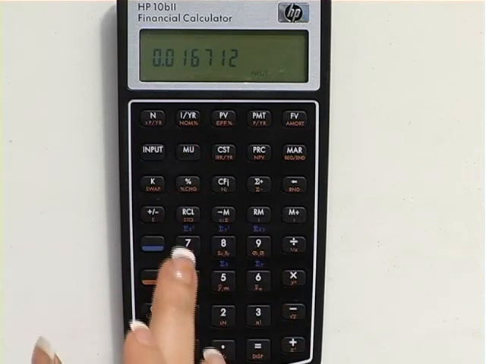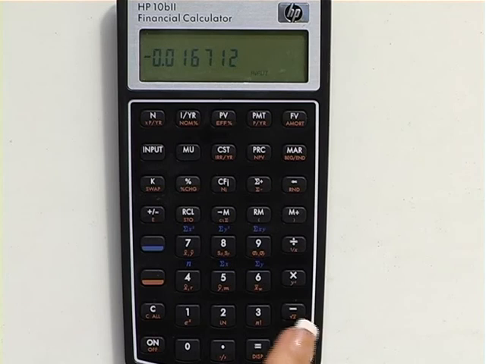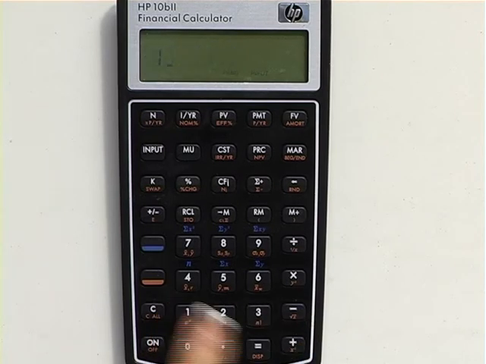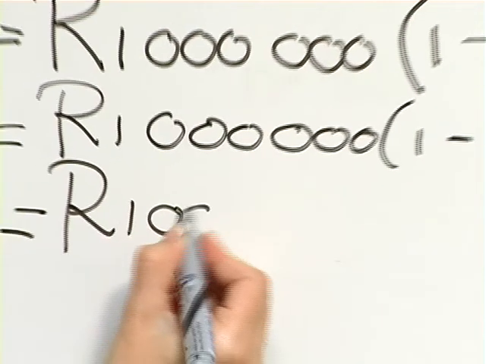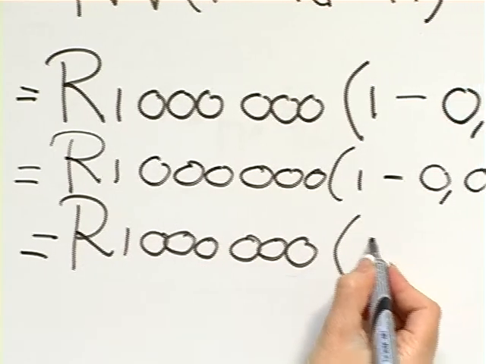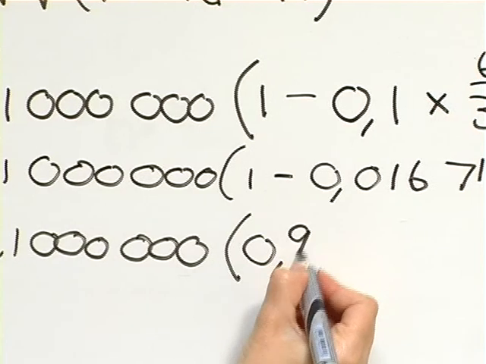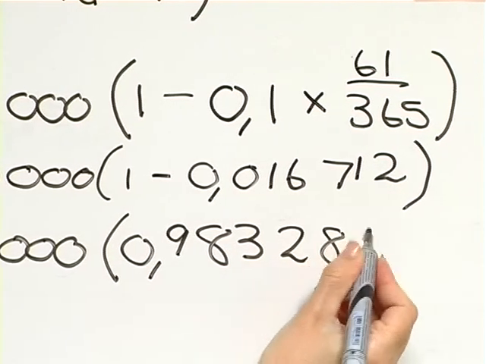That should be subtracted, so we change that to a minus. We add 1, so the amount in brackets is 0,983288.